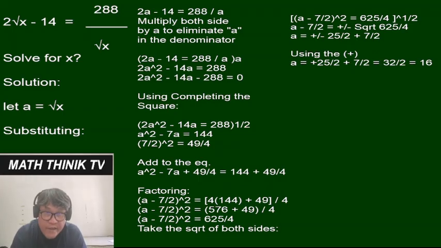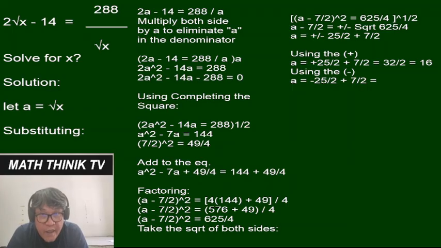Then the other one is using the negative value. So a is equal to negative 25 over 2 plus 7 over 2, that will be equal to, so unlike sign, negative 25 and positive 7, magsusubtract, di ba? And then use the sign of the larger number, which is 25.